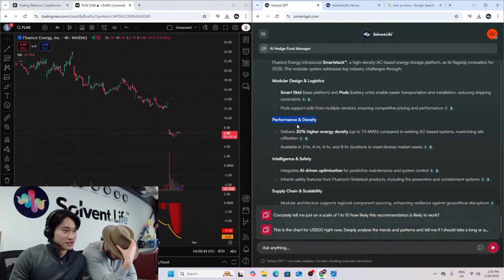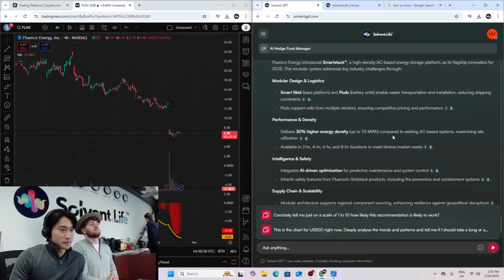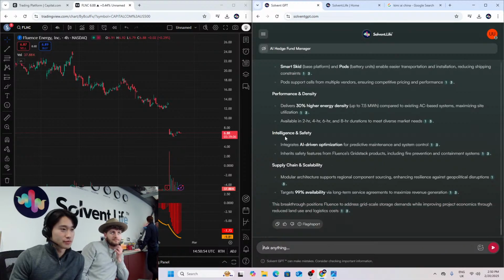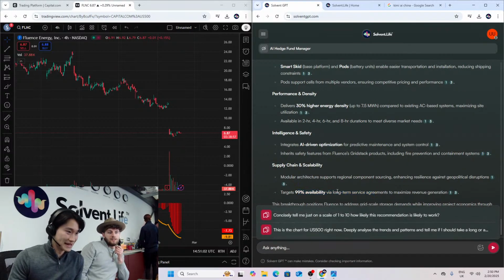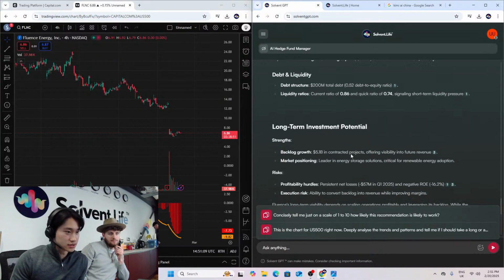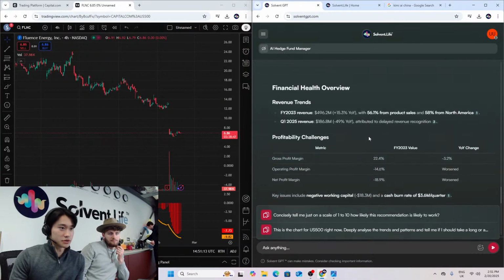Performance and density delivers 30% higher energy density. It's pretty cool. Intelligence and safety: AI-driven optimization, targets of 99% availability via long-term service agreements. So you have all of these statistics, all of these products and innovations coming through.